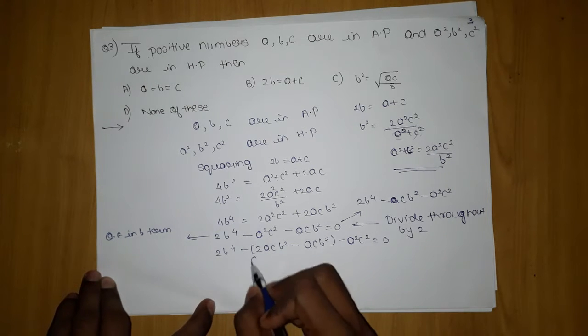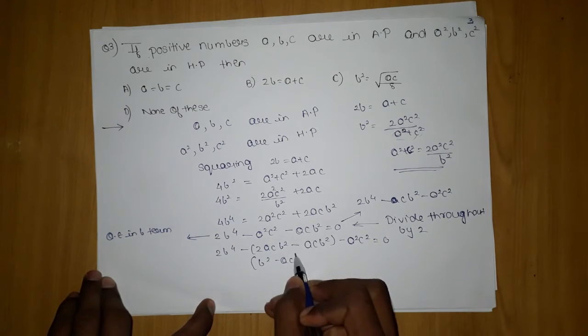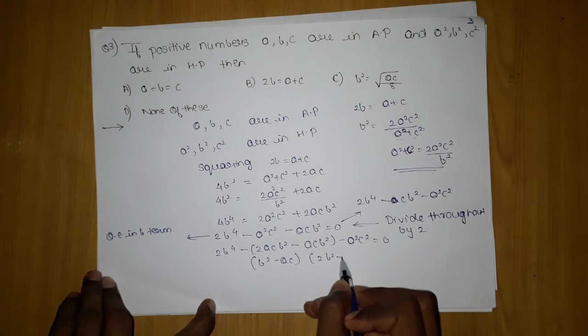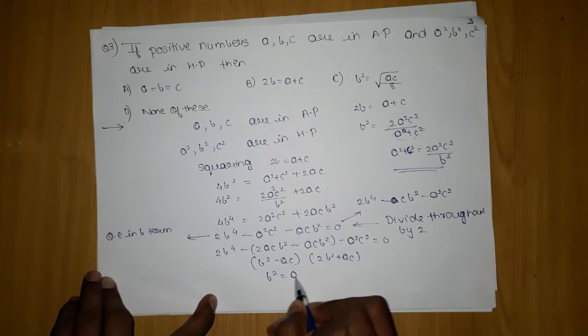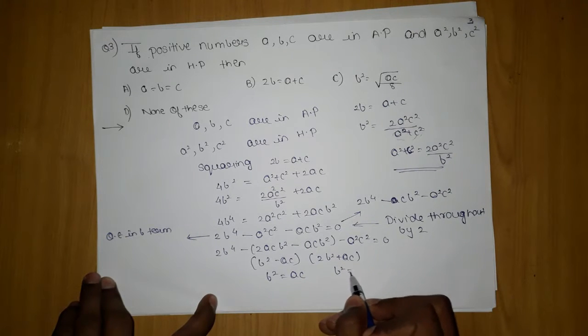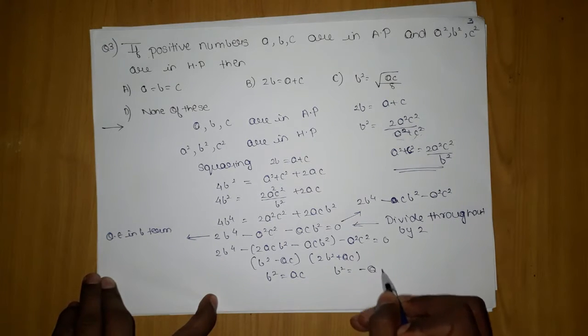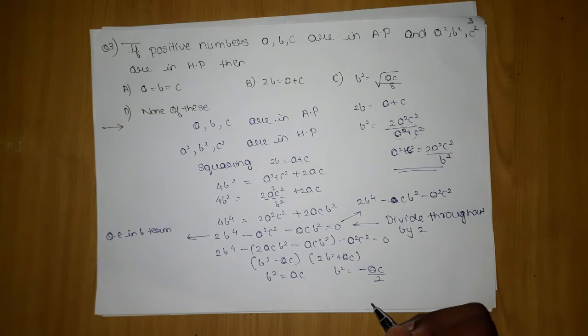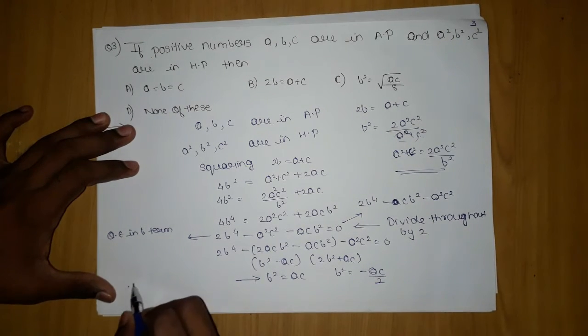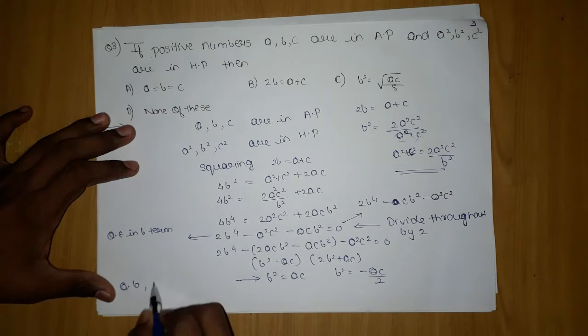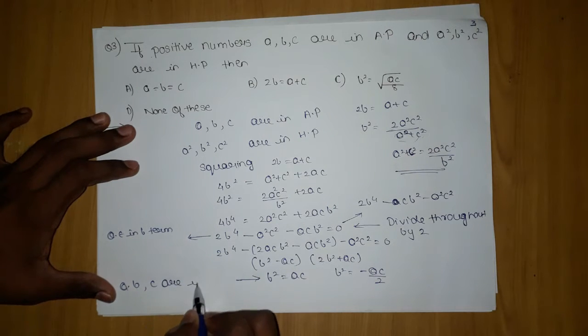From here we get b square minus ac and 2b square plus ac. So from here we are getting b square equals ac and b square equals minus ac upon 2. So from this you can predict that a, b, c are in GP, that's confirmed.